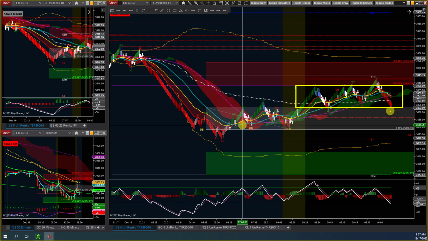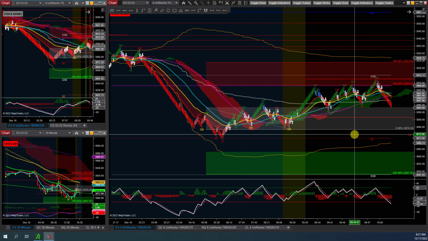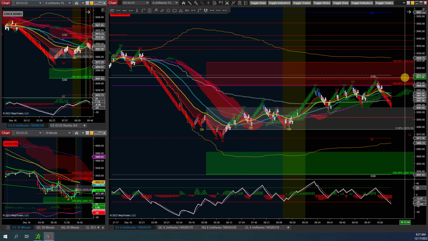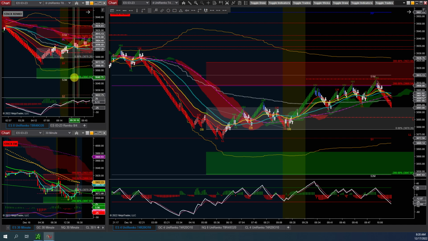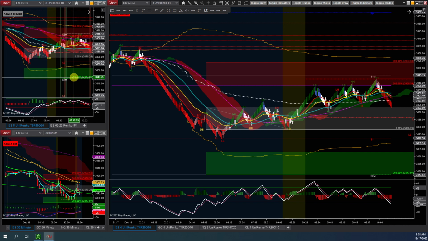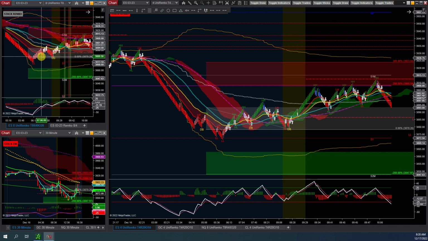If this one breaks at this point, then I would consider entering the trade. Let's see if we are in confluence with the anchor chart. And basically, yes. What we see here is a bounce off of the moving averages moving down.